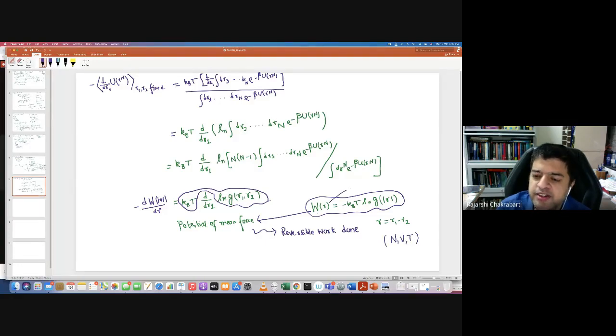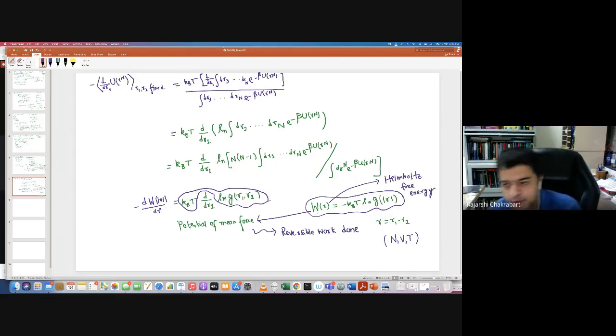What free energy is this? Actually, this is your Helmholtz free energy. Are you following? You have followed that this is Helmholtz free energy? And here there's a trick you can check yourself. It should come g(r).